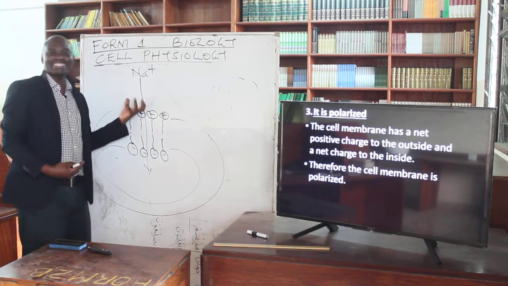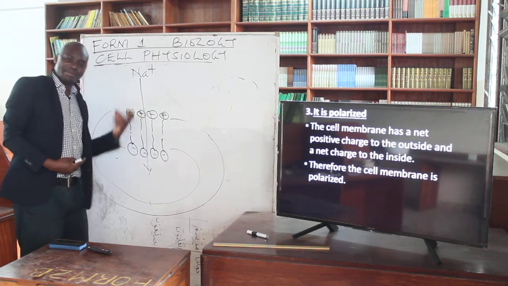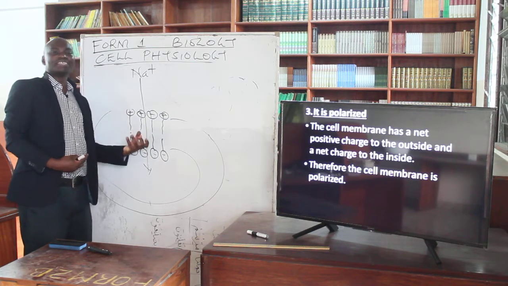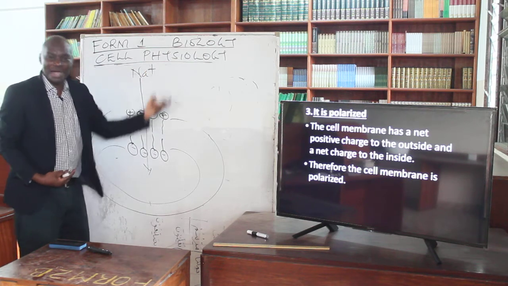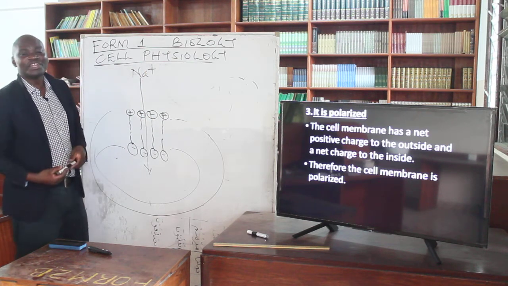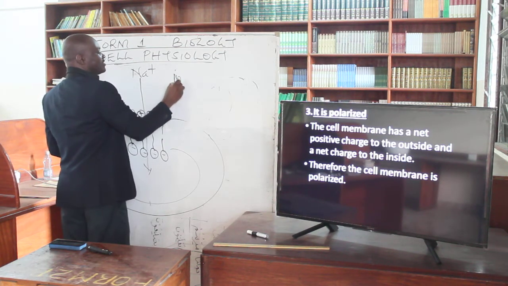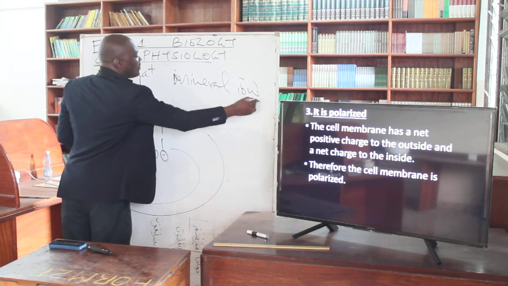So the polar nature of the cell membrane is advantageous because it will allow polar substances to pass across. And we have different polar substances apart from ions. Mineral ions are polar.